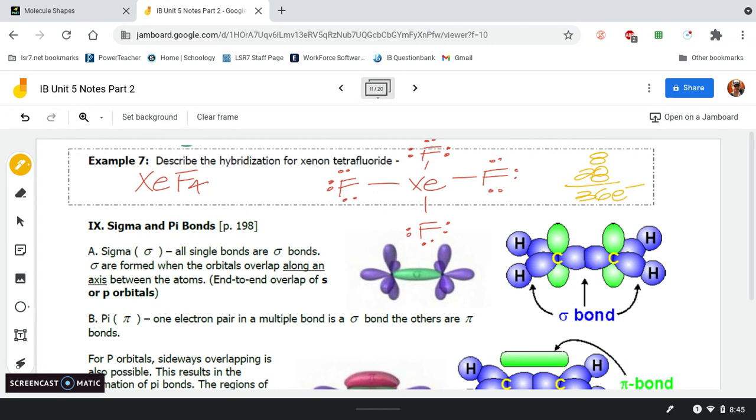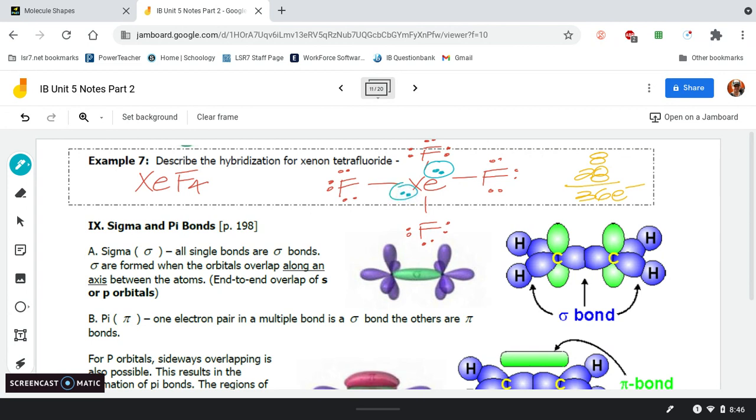Well, let's see what we got here. 2, 4, 6, 8, 10, 12, 14, 16, 18, 20, 22, 24, 26, 28, 30, and 32. So I'm shy by 4 electrons. So I'm going to have to put 2 lone pairs on Xe. So I'll put one there, and then I'll put one there.